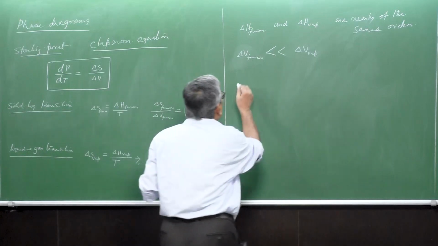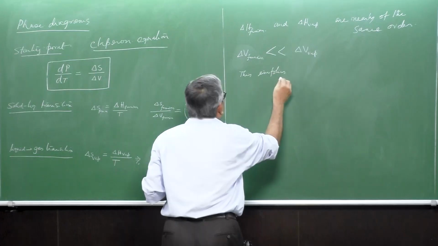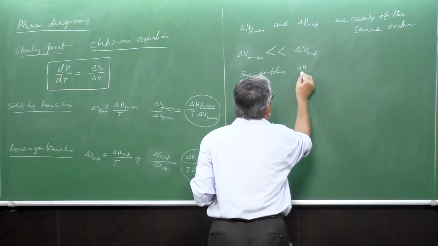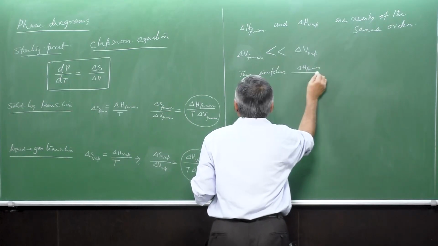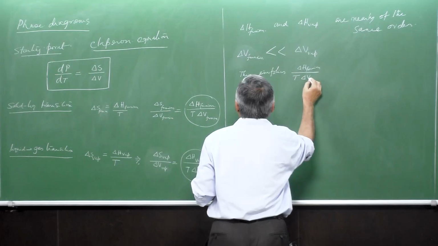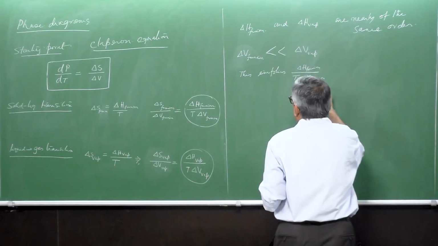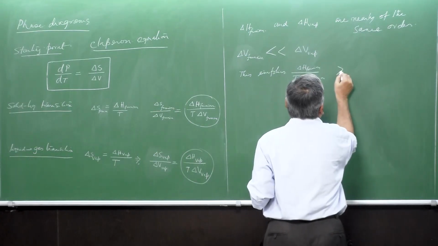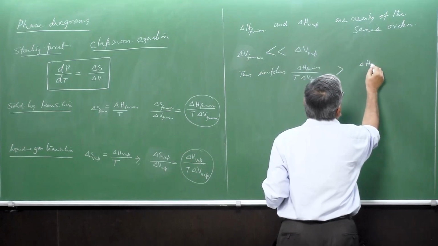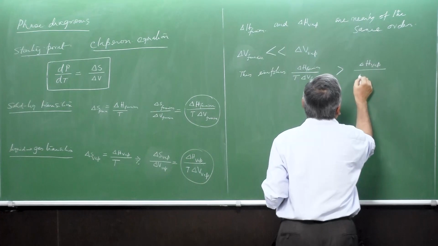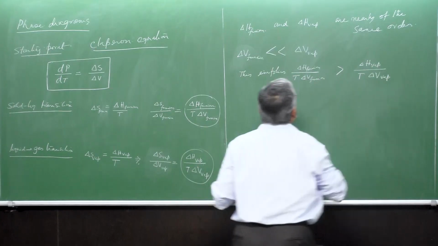So, this implies delta H of fusion by T delta V of fusion is much greater than delta H of vaporization divided by T delta V of vaporization.